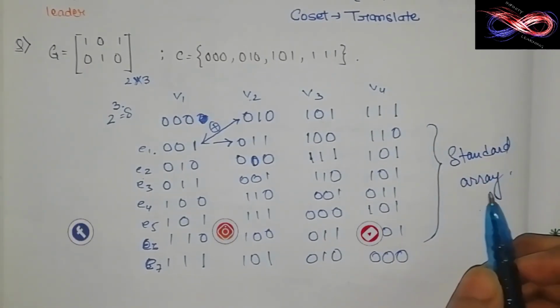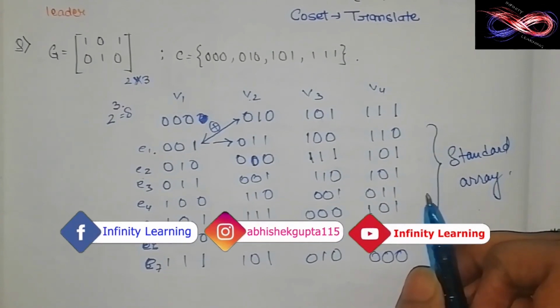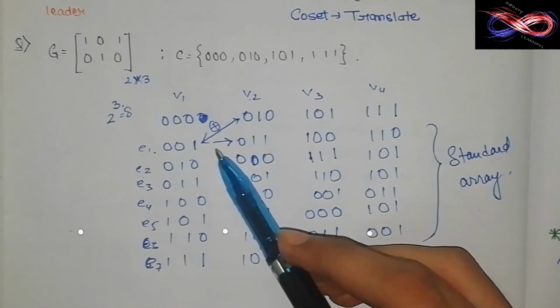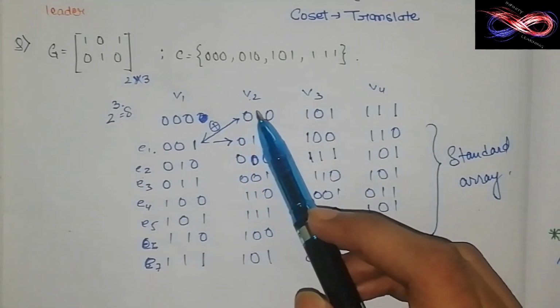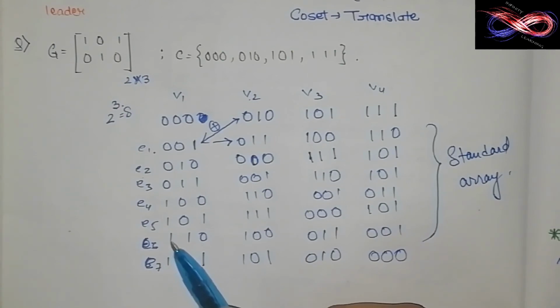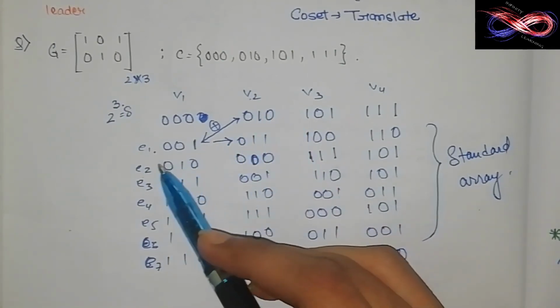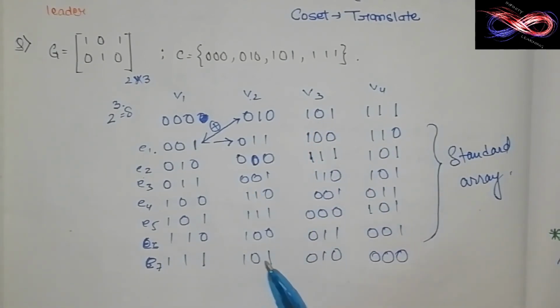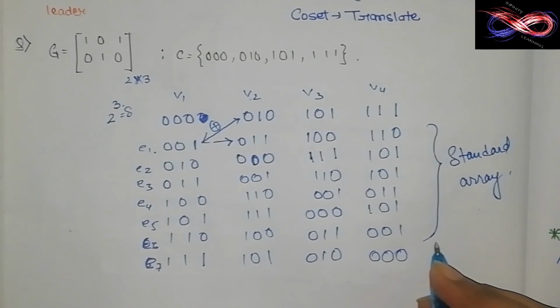Creating a standard array is very easy, but it's quite a lengthy process. All we need to do is perform the XOR operation between all the first row elements and the elements of the first column. That is v2 with all the errors, v3 with all the errors, and v4 with all the errors. So we will get an array of elements, which will be called the standard array.